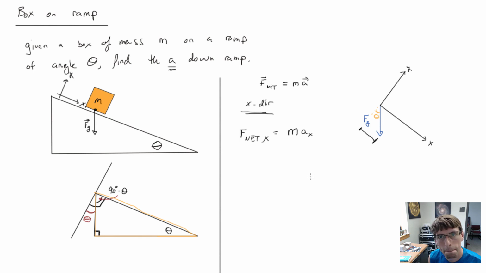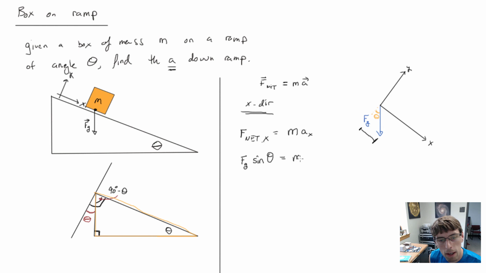Well, this piece right here is opposite the angle, and the trig function that deals with the side length opposite the angle and the hypotenuse, so opposite and hypotenuse, is sine. So the gravitational force in the x direction would be the hypotenuse, Fg, times sine of the angle.